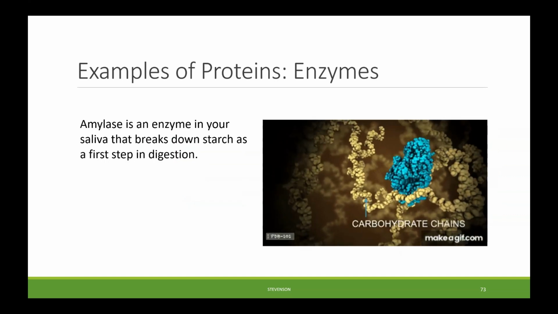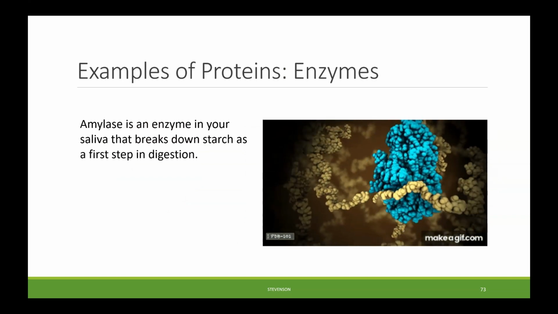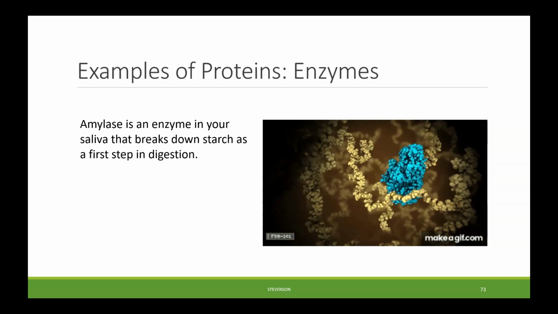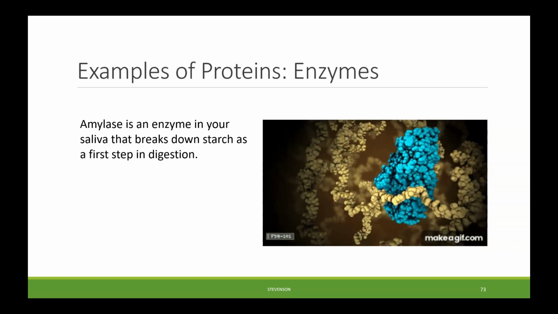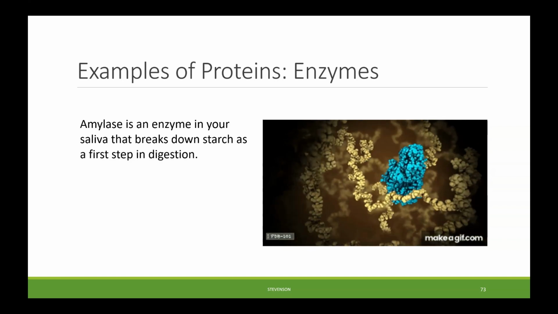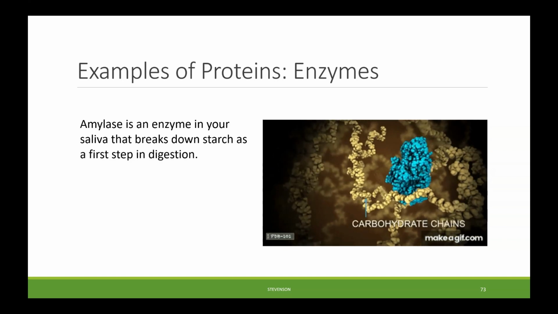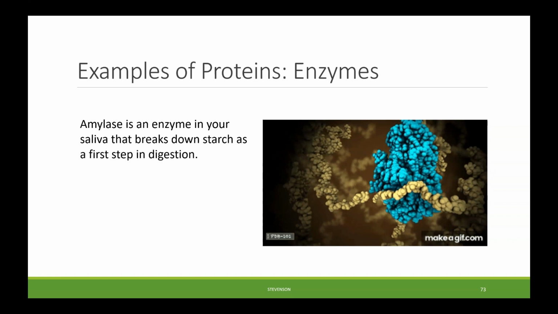One final type of protein that I want to highlight and give special attention to is proteins that serve as enzymes. One example is a protein called amylase, which is found in your saliva. As you're chewing, amylase starts the process of breaking down the carbohydrate starch so that when it hits your stomach, it's already on its way to digestion.